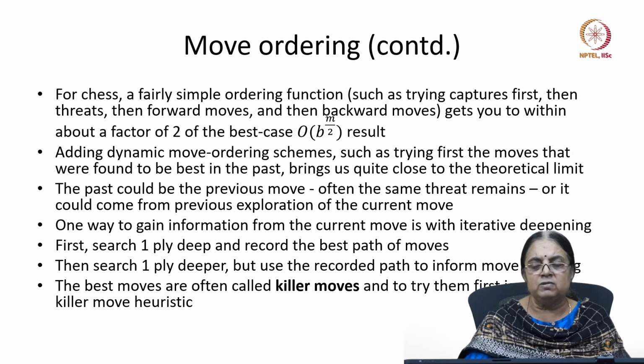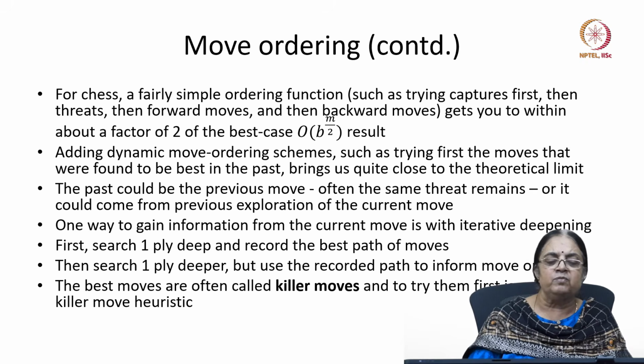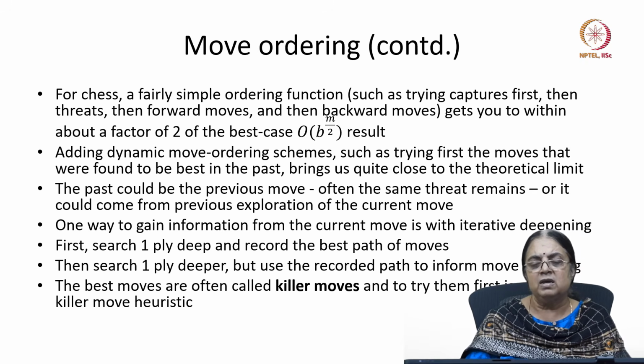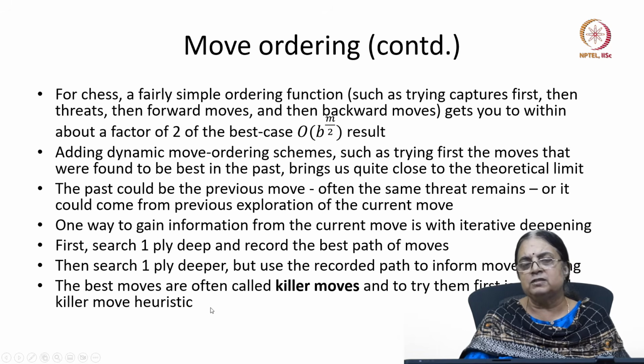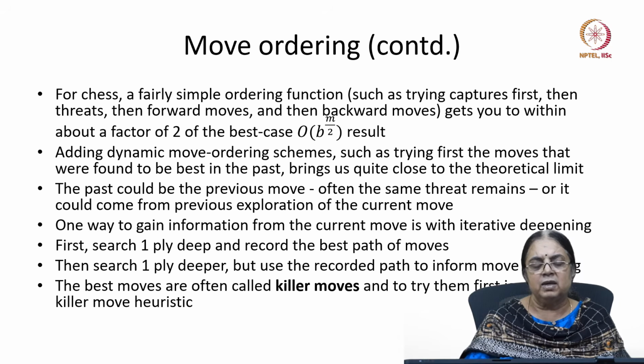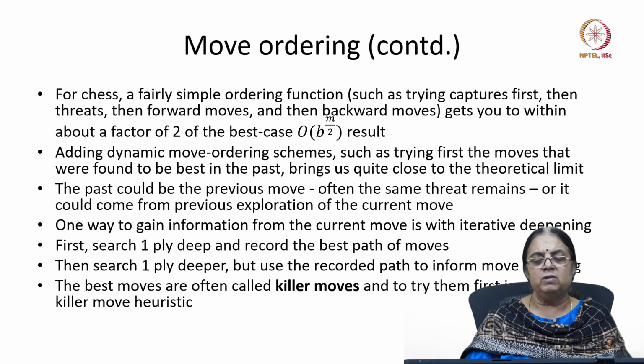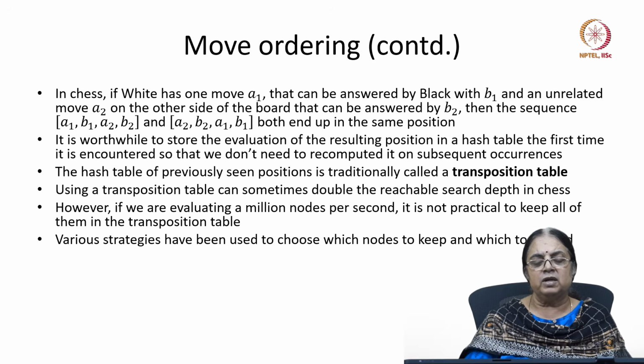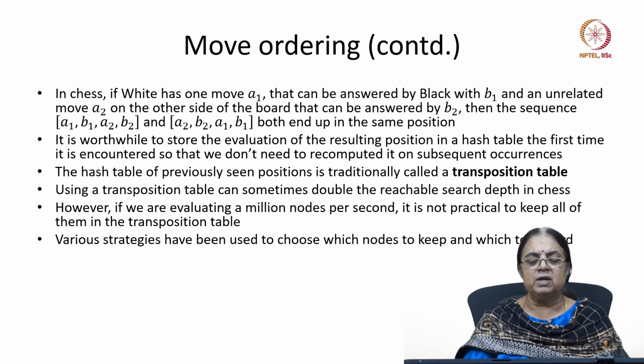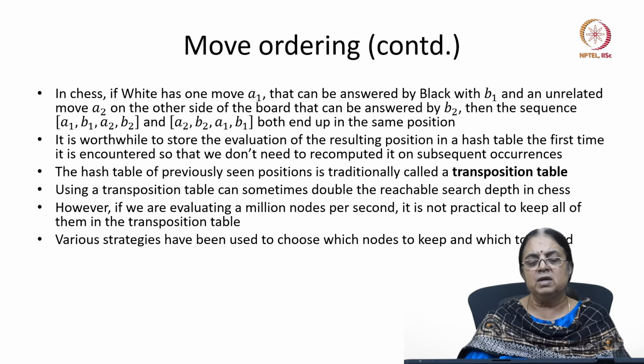Another thing they do is what is called the transposition table. If white makes a move A1 and black makes a move B1, and then white makes a move A2 somewhere else and black makes a move B2, then you get the sequence A1 B1 A2 B2. If you transpose it and first do A2 B2 and then A1 B1, it gives the same result as A1 B1 A2 B2.